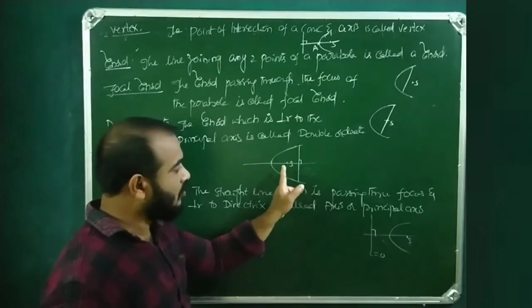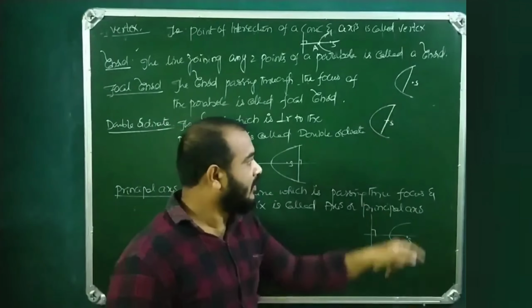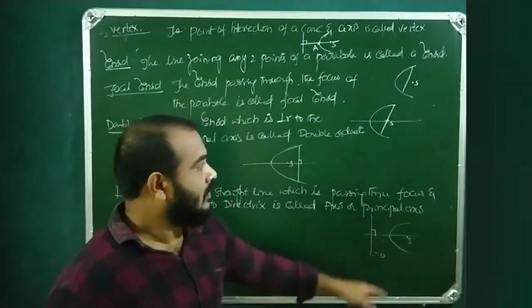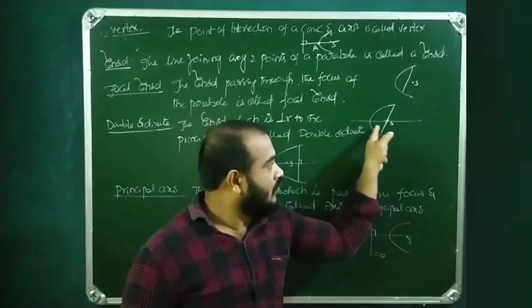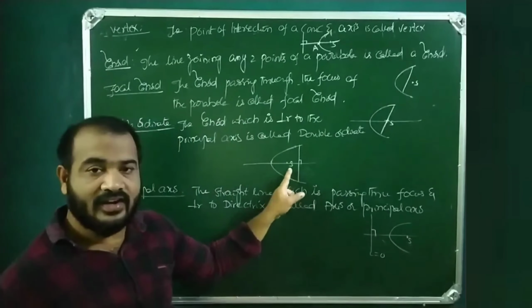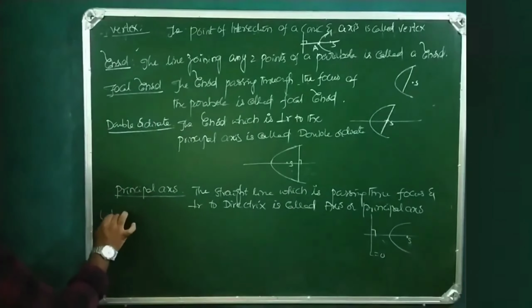Here it is not passing through the focus like the focal chord, and the focal chord is not perpendicular to the axis. This focal chord is not perpendicular to the principal axis, but here it is straight, it is a double ordinate. Now, latus rectum.